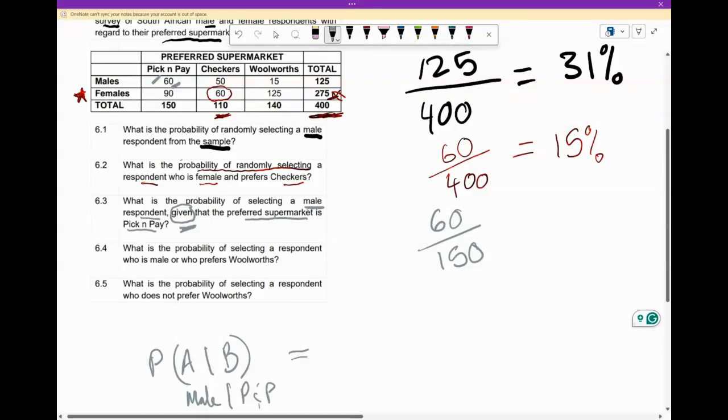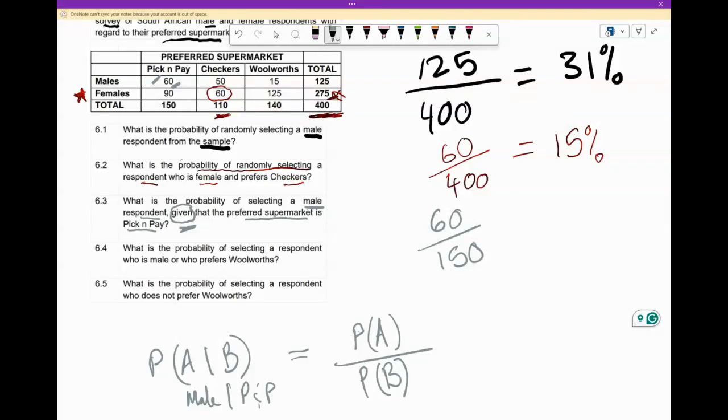To calculate a conditional probability, we say probability of A divided by probability of B. So that's where we're getting this from, where we're saying 60 over 150. Okay. 40%.